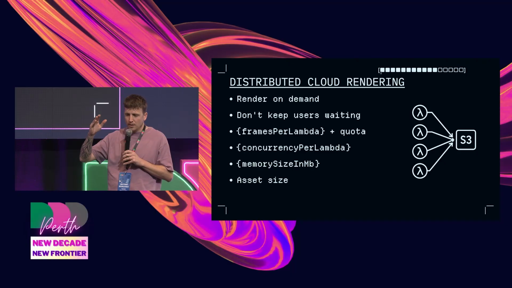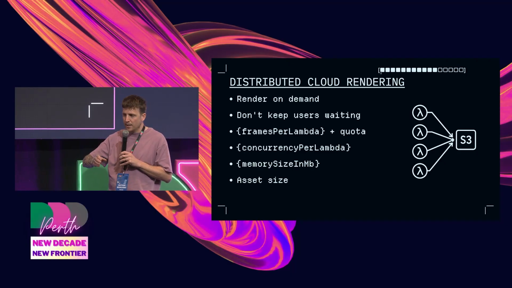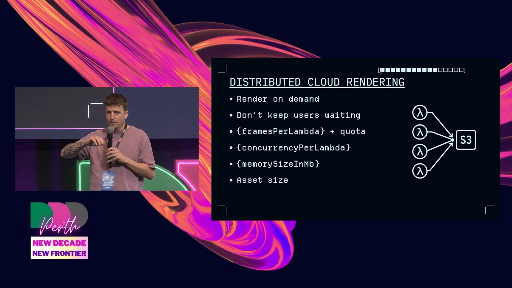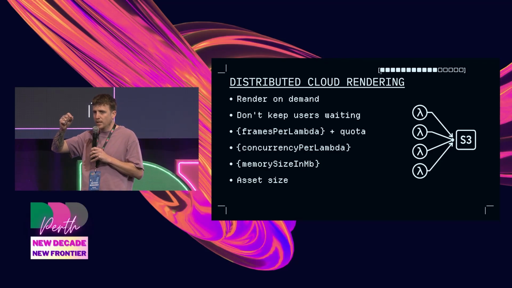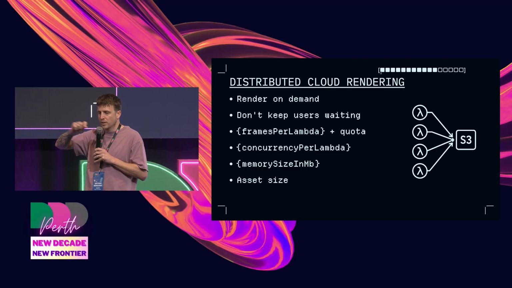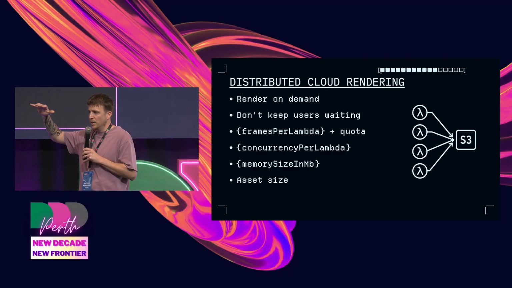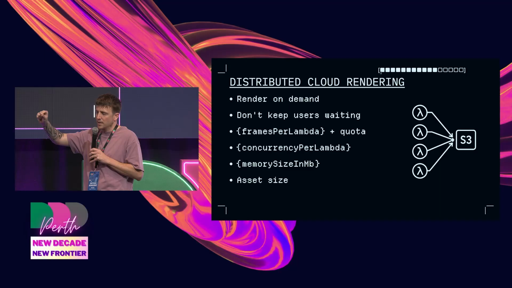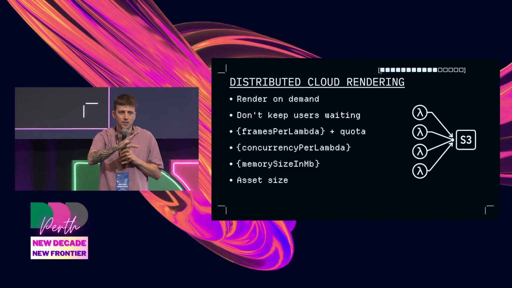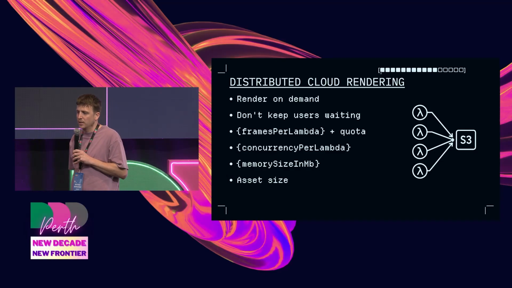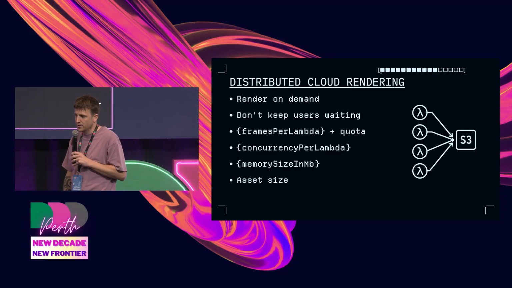And when the user clicks render, that Lambda gets spun up many, many times. So you could have like 100 Lambdas that spin up, and they all render chunks of the video concurrently. And then when each of those Lambdas has finished, you've got all the images ready to be stitched together and then packaged up, and you end up with an MP4 sitting in the S3 bucket.